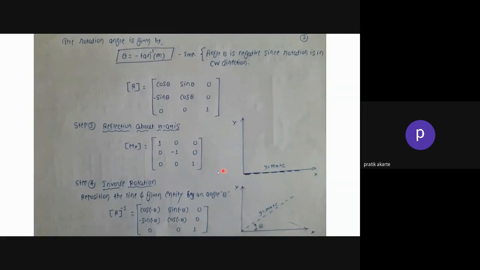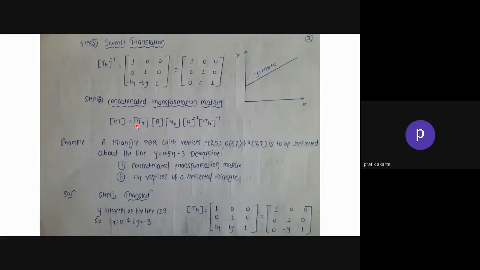Then we will be reflecting it about the x-axis, fine, and after reflection we will be repositioning the line and the entity to its original position. So for repositioning, we will again inverse rotate this line. For that, we'll make use of minus theta, or the inverse of the rotational transformation matrix which we used in step number 2, and we'll then translate it inversely.